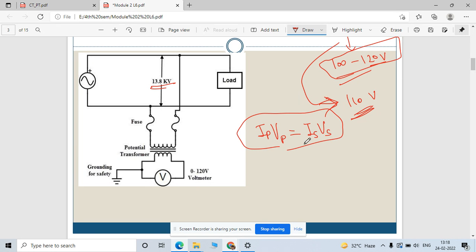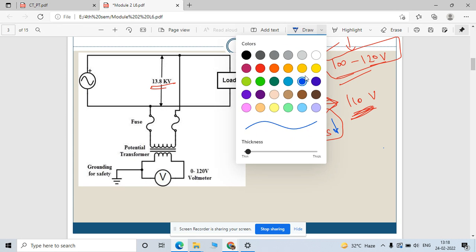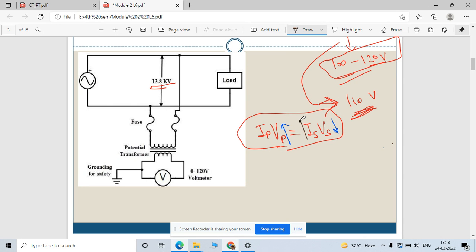If the secondary voltage is small, right? As we said, the secondary voltage is 110 volt. Compared to the primary voltage, this is small, right? If I compare these two voltages, the secondary voltage is small, so the secondary current for balancing is very high, and the primary current is low.